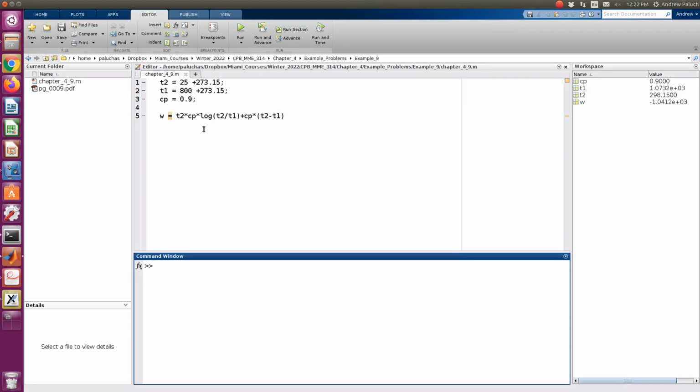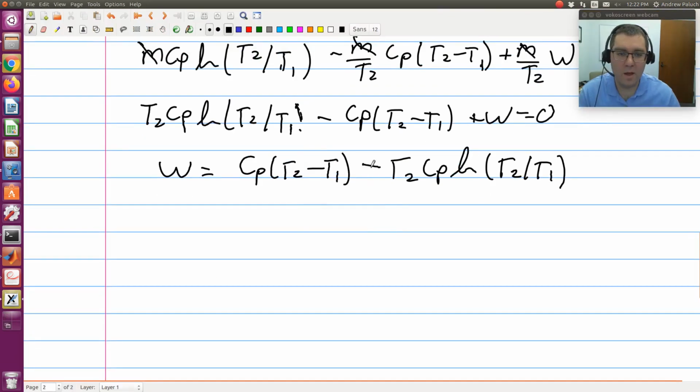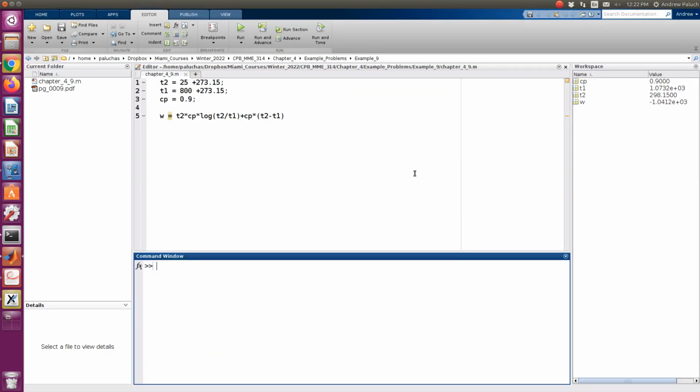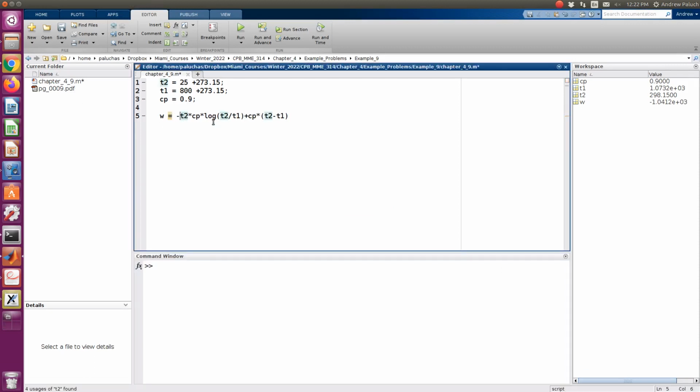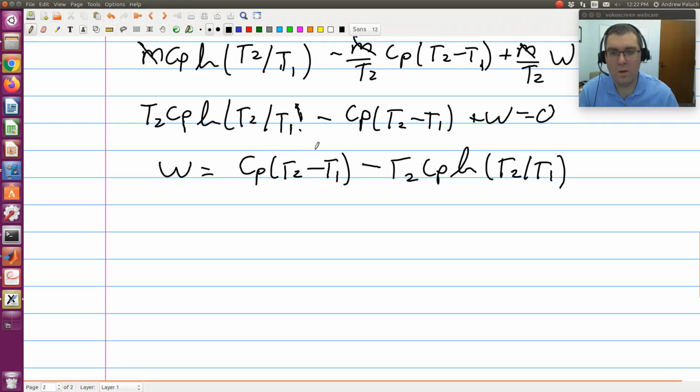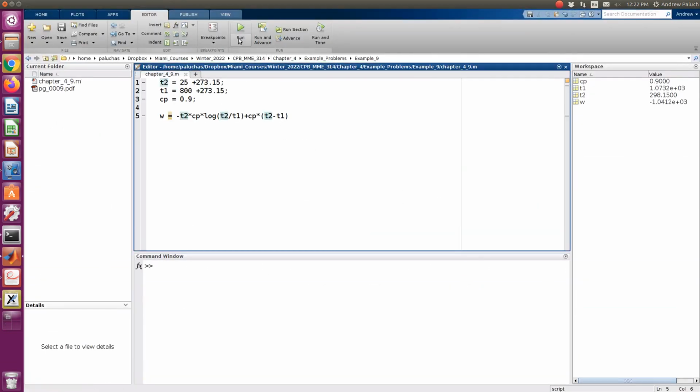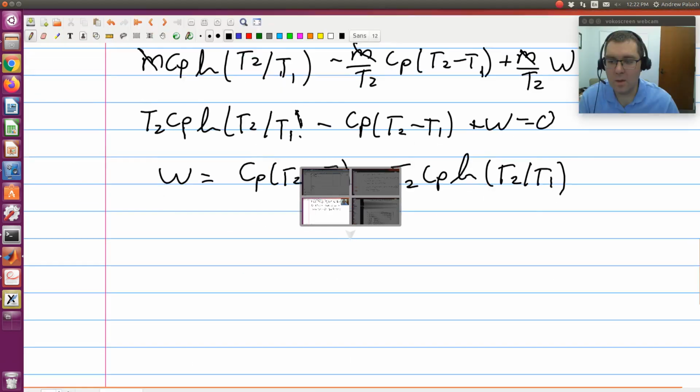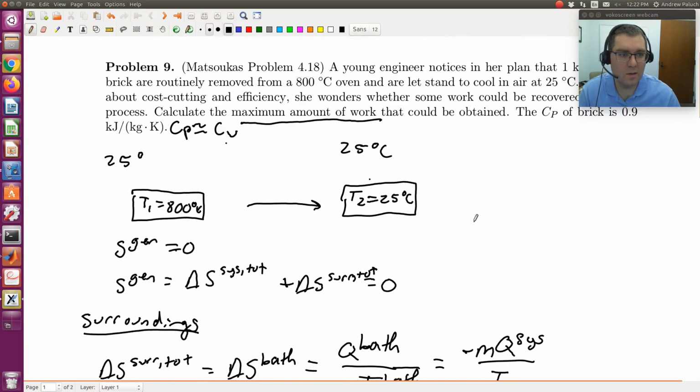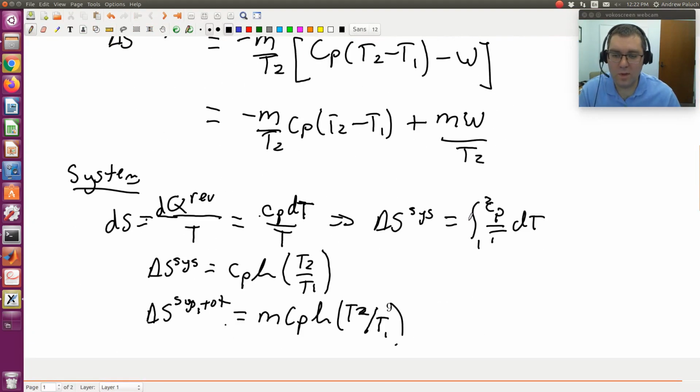In the expression as I have it written here, I have negative T2 times Cp times log T2 over T1 plus Cp times T2 minus T1. The units of W will be the same as Cp times T, which is Kelvin, so kilojoules per kilogram. Cp is in kilojoules per kilogram.